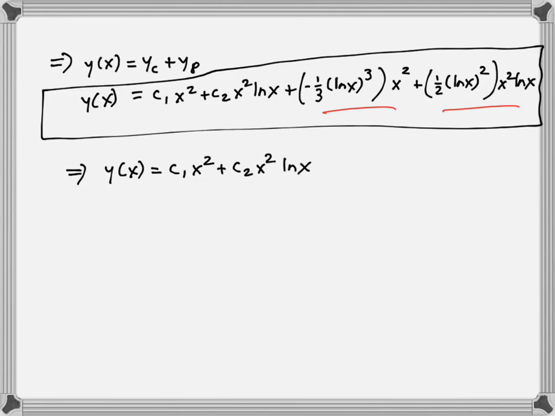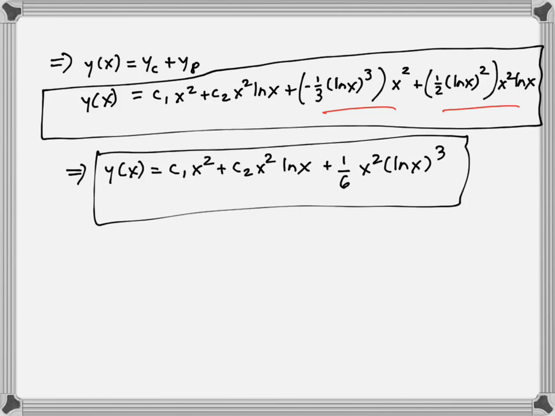I actually end up getting, let me see, this is minus 2 over 6 plus 3 over 6, which is plus 1 over 6. So plus 1/6 x² (ln x)³, because these are like terms. They both have an x squared and they also both have an (ln x)³. So this is our simplified answer.